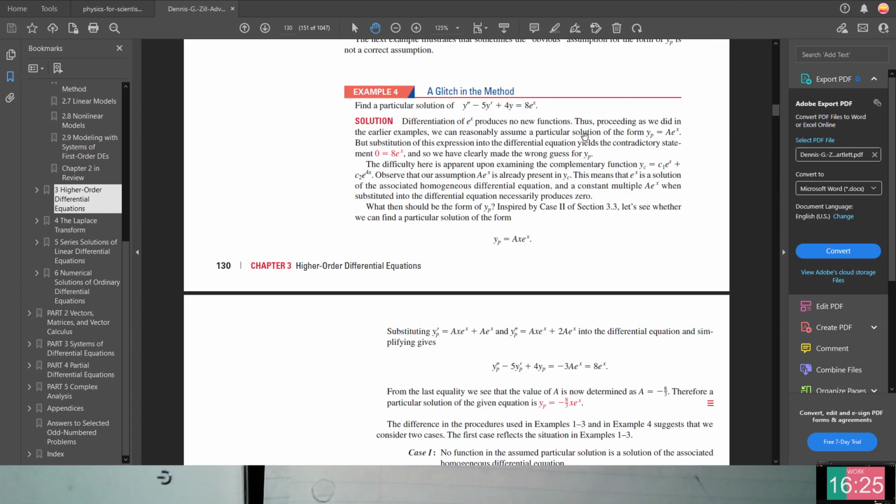Observe that A e^x is already present in y_c. That means e^x is a solution of the associated homogeneous differential equation, and so is a constant multiple. You'd think they would have fixed this problem, but no, they just leave it in to make a trick question.